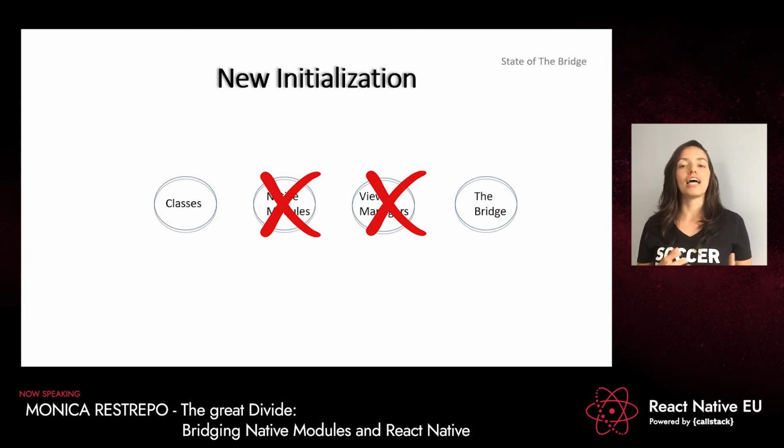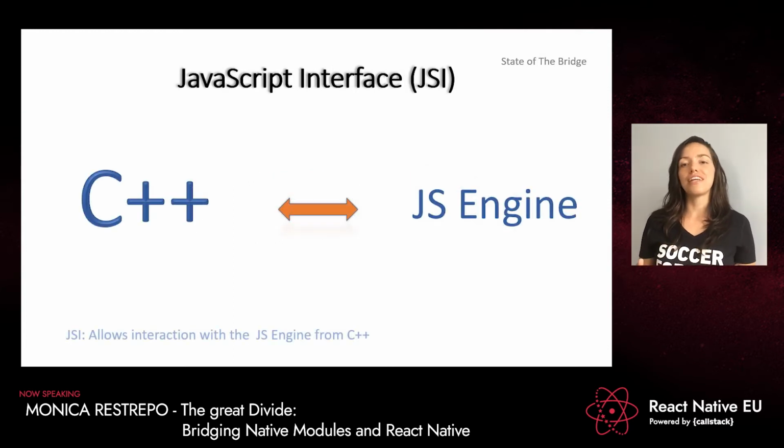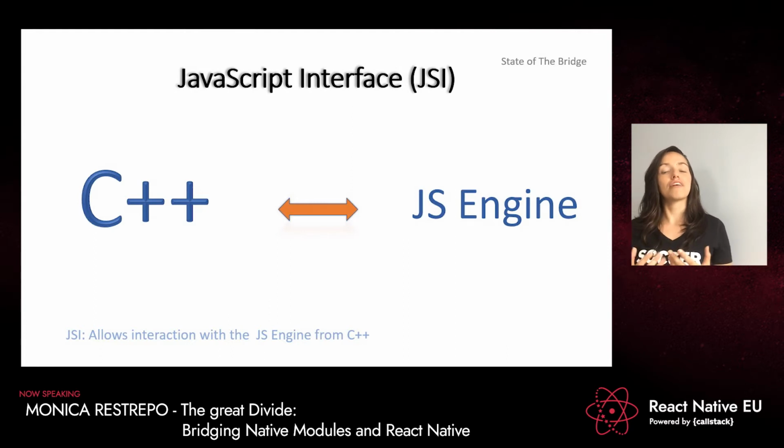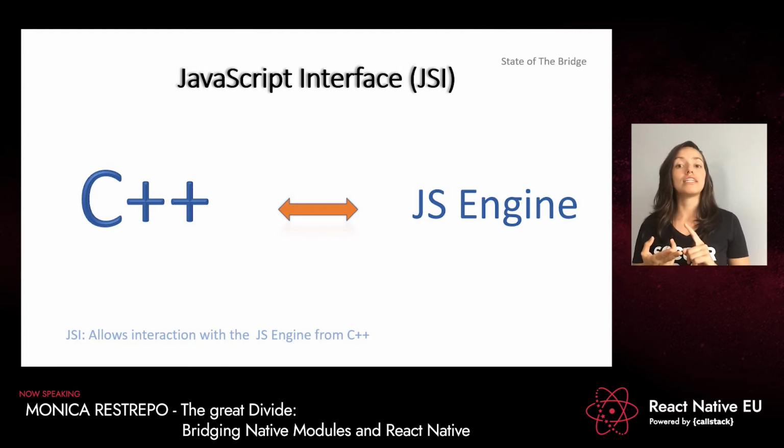This new way of initializing our apps is directly related to the introduction of JSI. JSI stands for JavaScript Interface, and it's an API that allows us to interact with the JavaScript engine from C++. It allows us to create a JavaScript runtime, load the JavaScript bundle, and call functions between C++ and JavaScript.